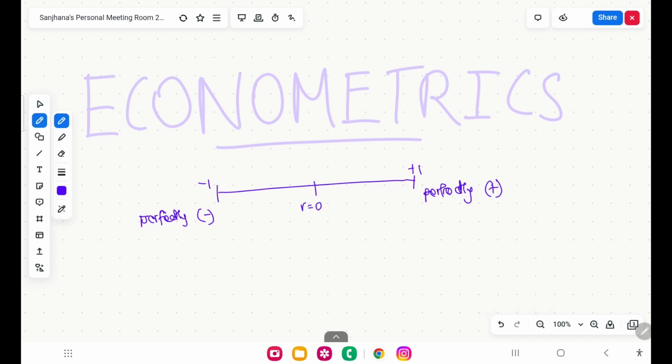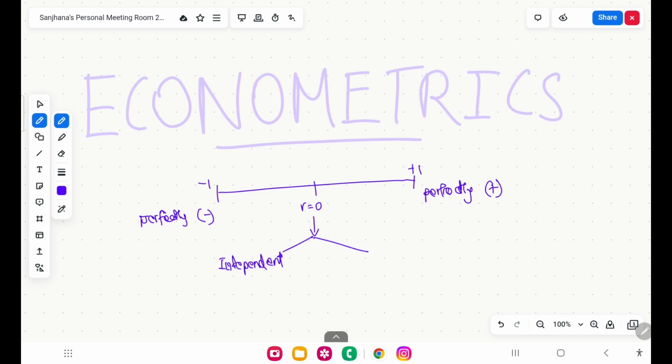how did we interpret this? You might say no correlation, but actually there are two parts under this. We can say the x and y variables are independent, meaning they are not correlated at all.